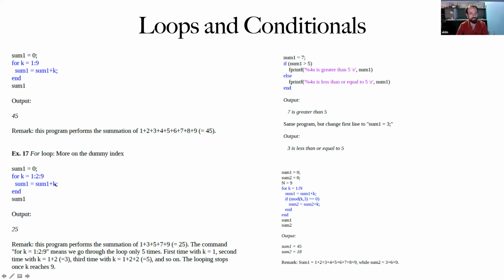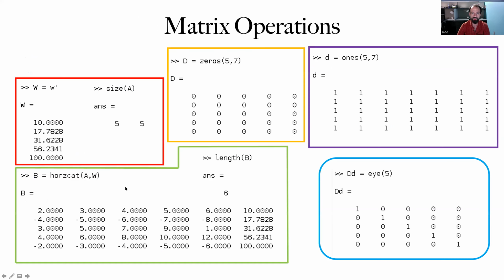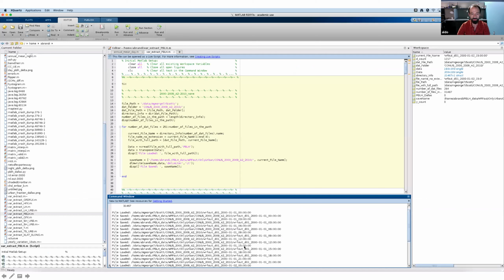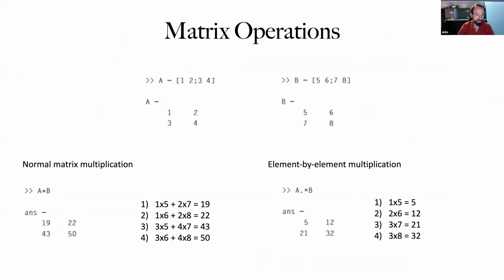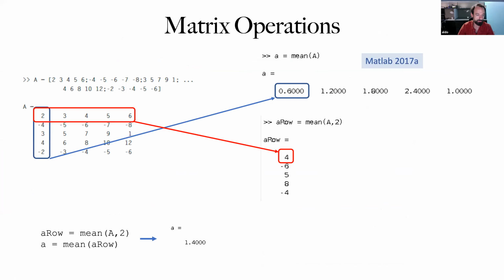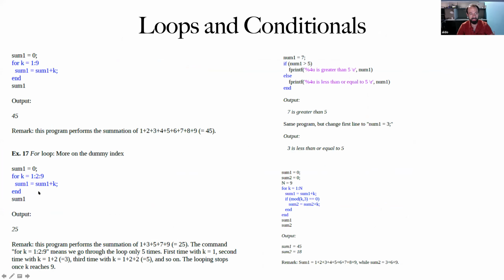Without putting this semicolon here, if we ran this loop, we would have seen in the command window all the operations performed during the looping. Instead, by putting a semicolon, we won't have any intermediate output until we tell MATLAB to print to screen or to save, whatever.